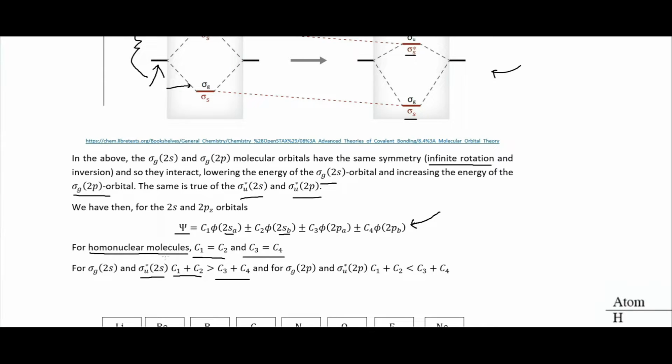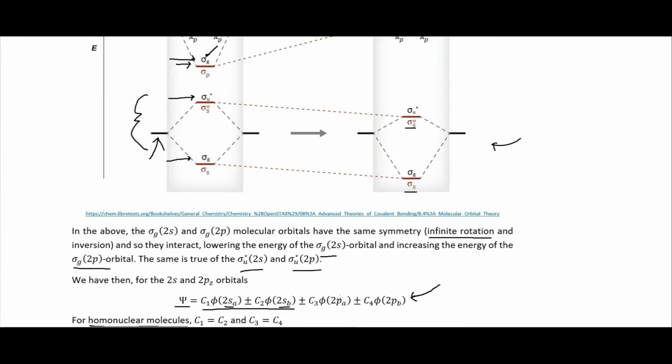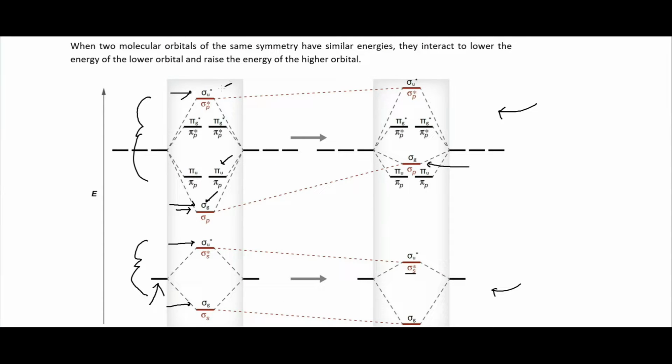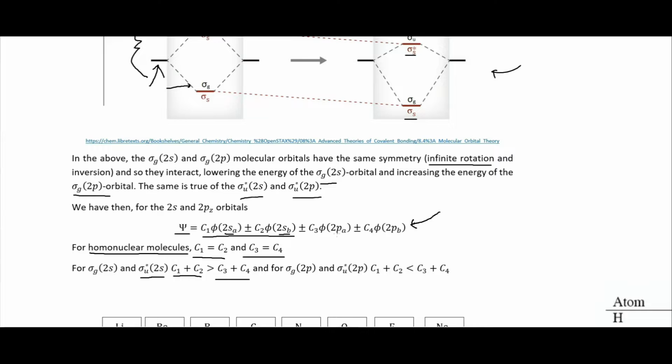And so those are getting more of these first two terms in the linear combination here. And then it's the opposite for the sigma g 2p and the sigma u star 2p, which are these two up here. Well, I guess we should be looking at this one right here and this one right here. So those will have more contribution from these second two terms right here.